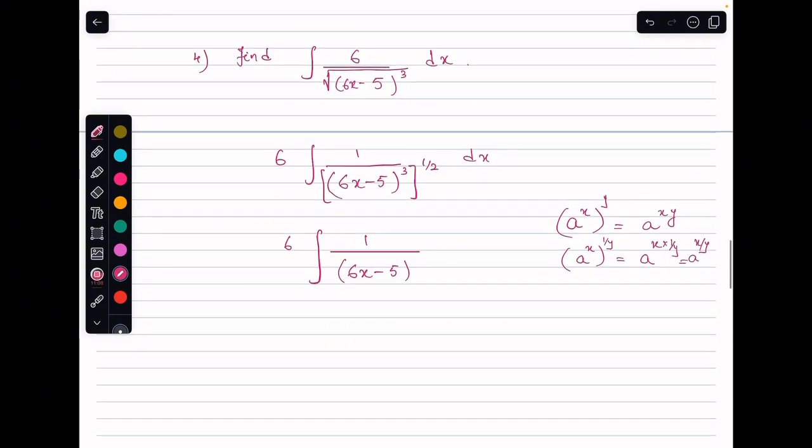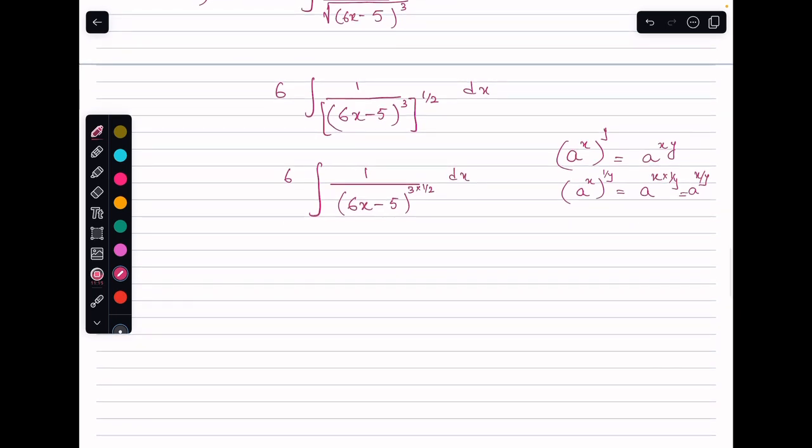So in the same manner, I can say this is 3 times 1 by 2 dx, or further I can say that this power is a 3 by 2. So basically I'm here to integrate 6 times the integral of 6x minus 5 to the power 3 by 2 dx.